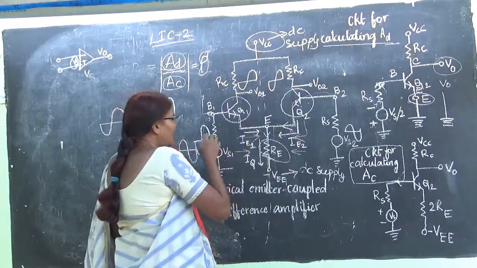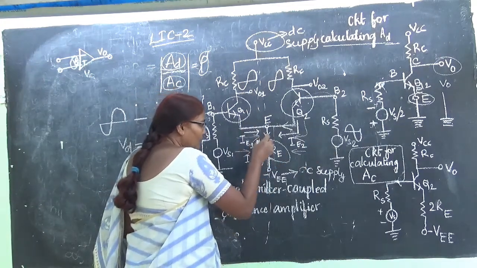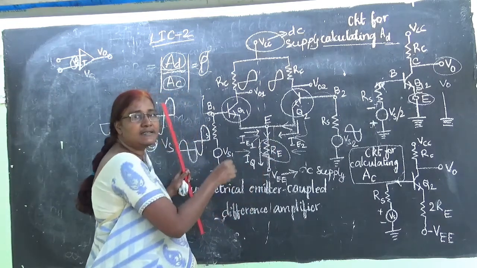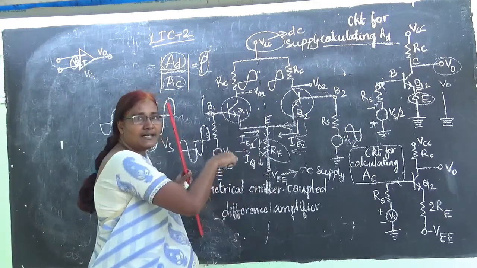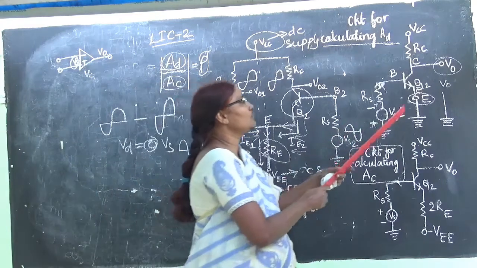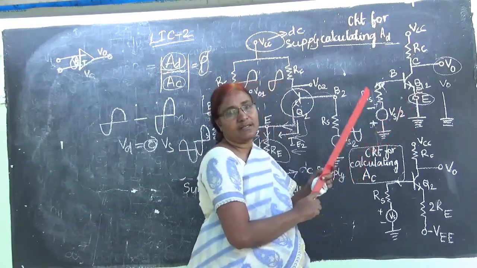So by applying different polarities at the inputs, the result we are getting is that the emitter resistor current is going to be zero. That is, total emitter current is going to be zero. That is the reason I have shown the RE grounded.